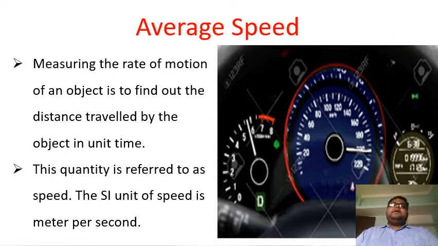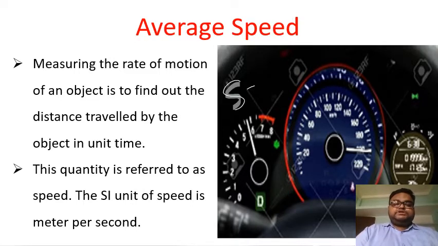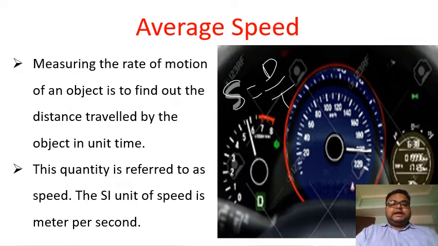Say if we try to find the speed, s equals d by t, right? So we know that speed equals the rate of change of distance of the object, isn't it? So by measuring the rate of motion of an object, we find the distance traveled by that object. This quantity is referred to as the speed.